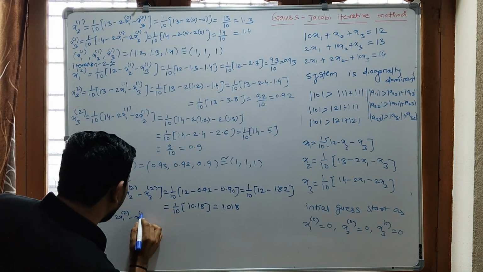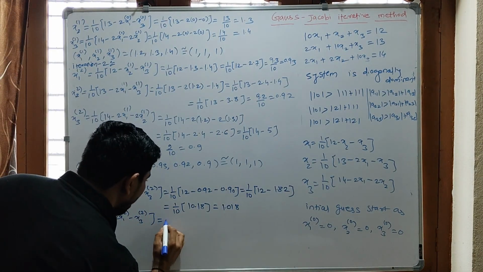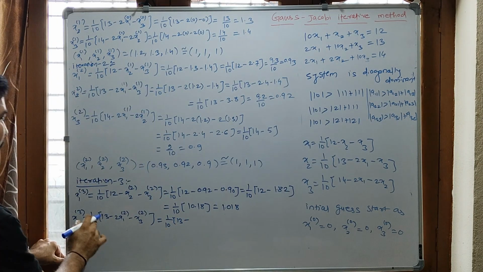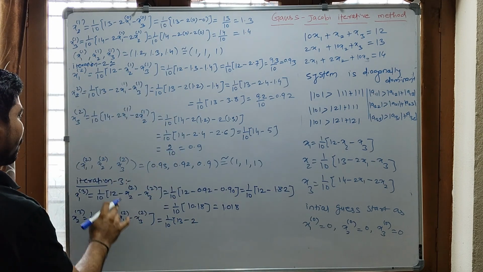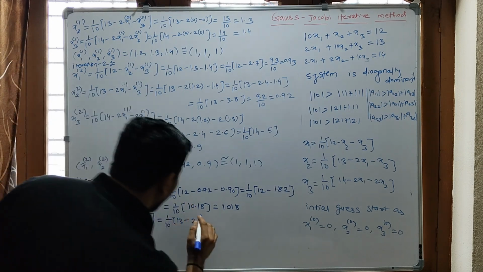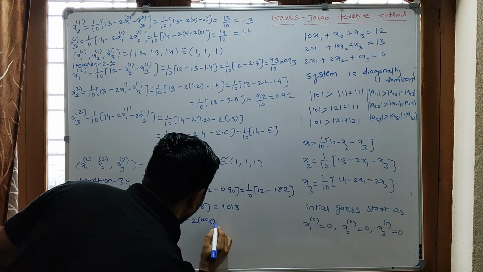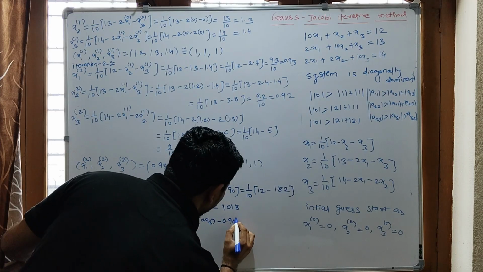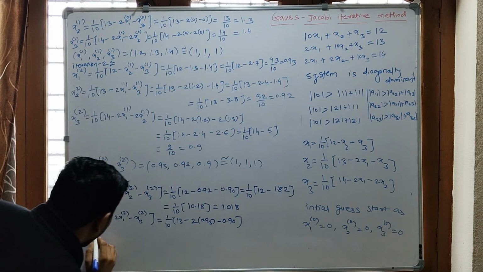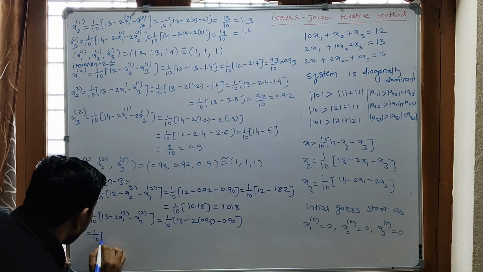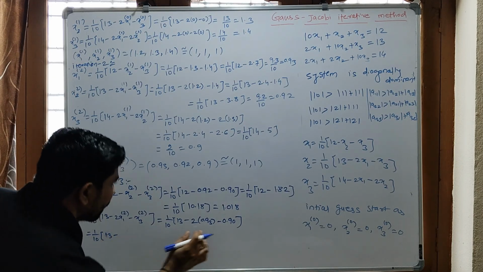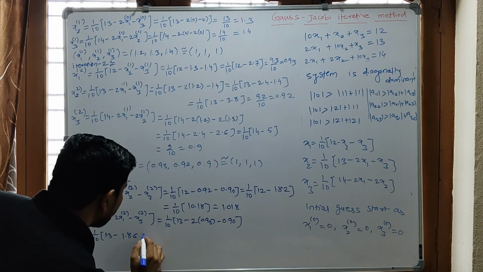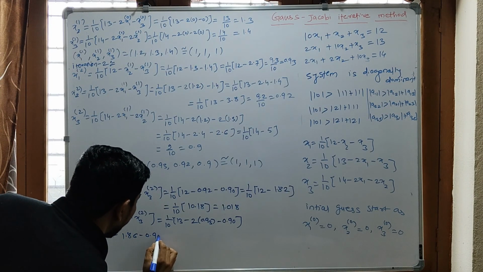So which is equal to 1 by 10 times 13 minus 2 times x1 at 2, that is 0.93, minus x3 at 2, that is 0.90. Now from here I will write 1 by 10 times 13 minus 2 times 0.93, that is 1.86, minus 0.90.